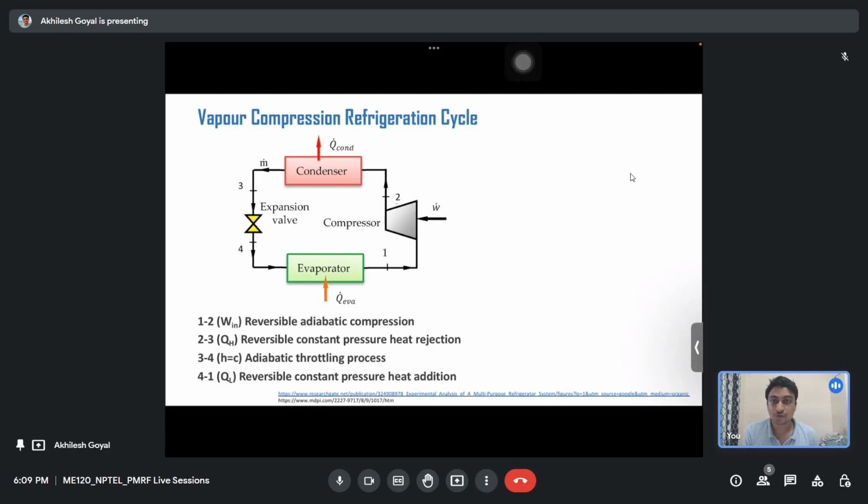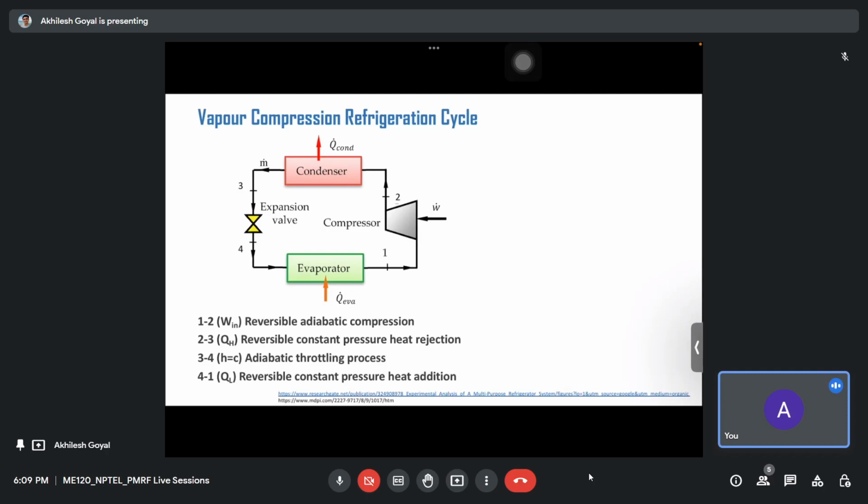To look at the vapor compression refrigeration cycle, it is opposite to the Carnot cycle or Rankine cycle we talked about in the vapor power cycles. Here the vapor compression cycle also consists of four processes.